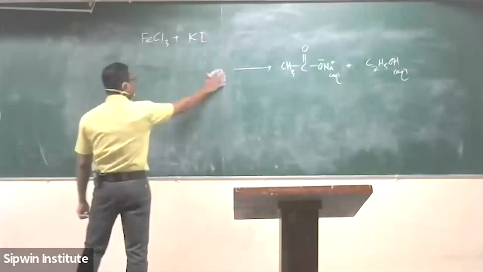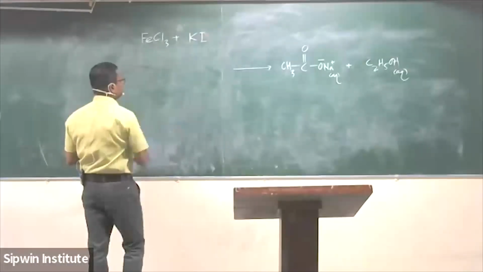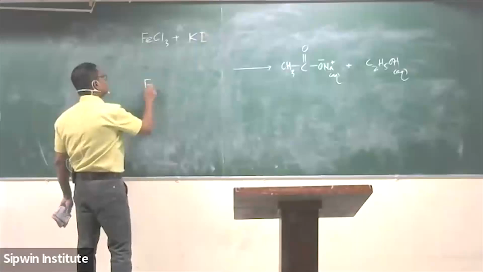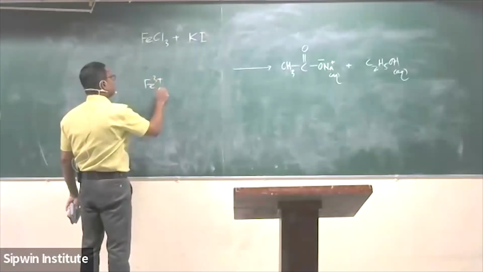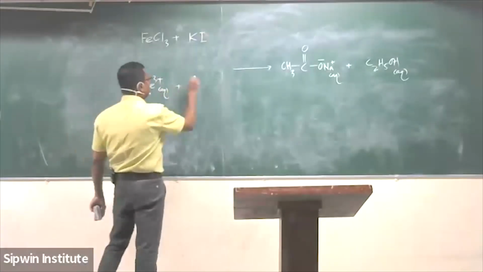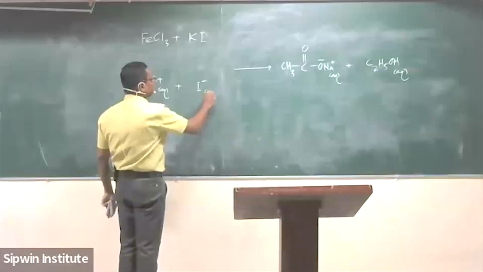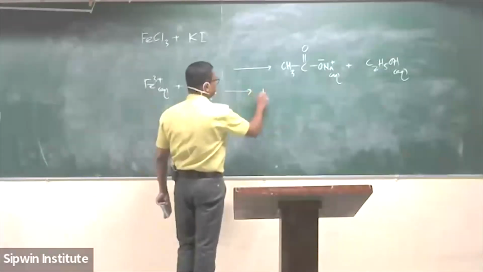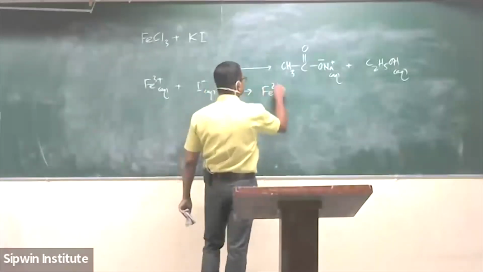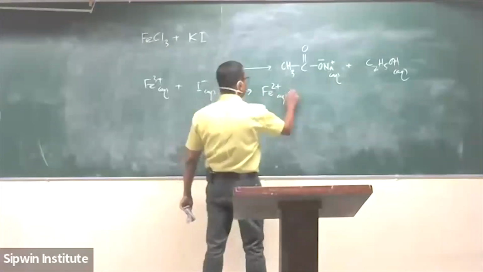We will write the ionic reaction, that is enough: ferric to ferrous, iodide to iodine.